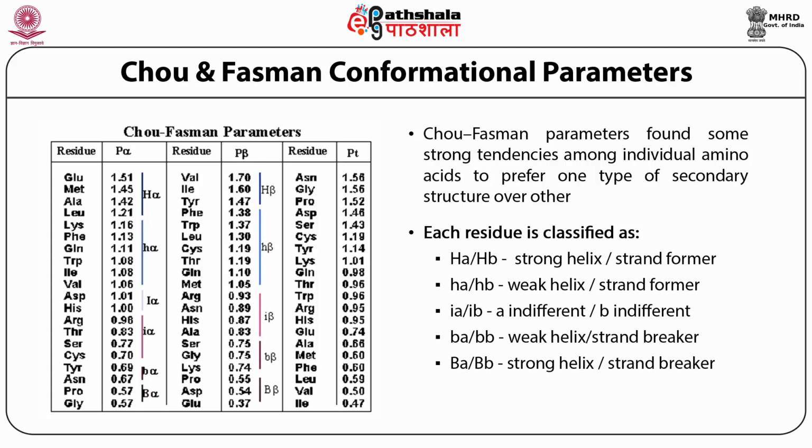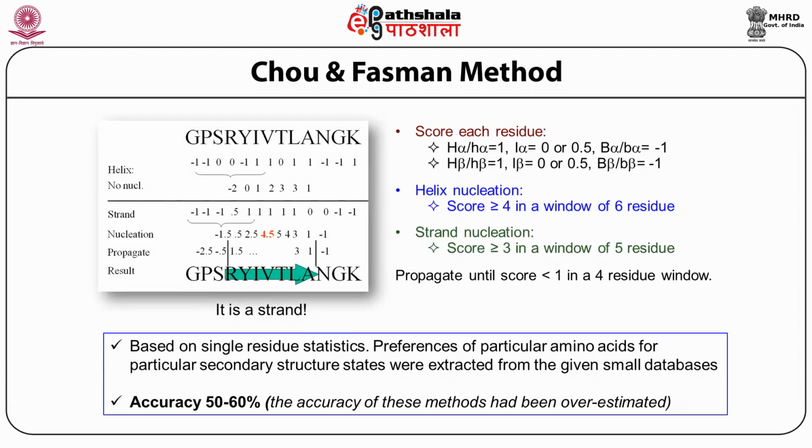Glutamate, methionine, alanine, and leucine were identified as helix formers, and due to the unique conformational properties of their peptide bonds, proline and glycine are common helix breakers. Similarly, valine, isoleucine, tyrosine are strong beta strand formers, whereas aspartic acid, glutamic acid break the strands. The Chou and Fasman method predicts helix and strands in a similar fashion.